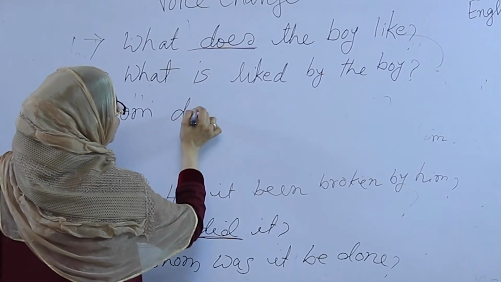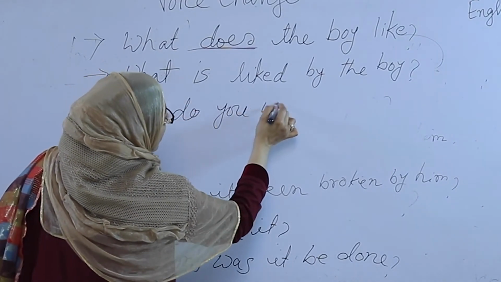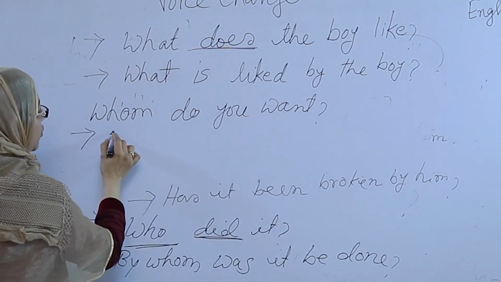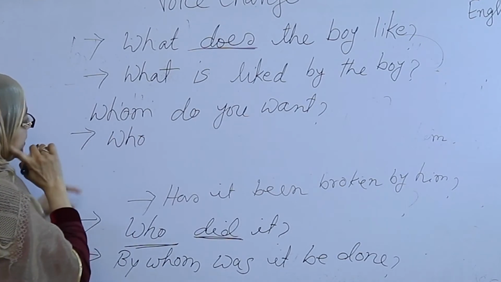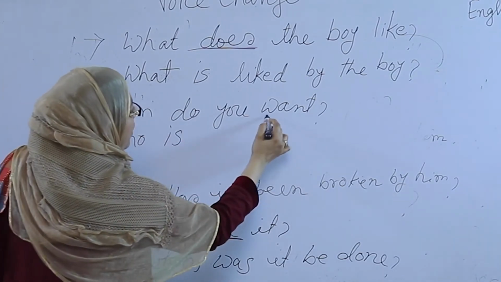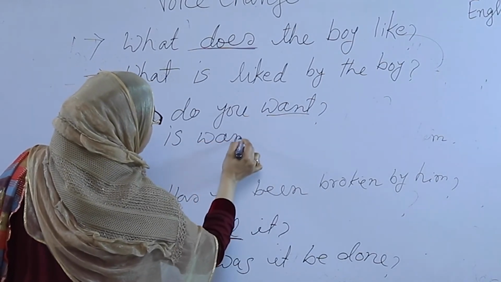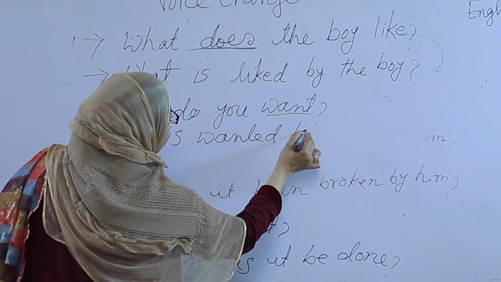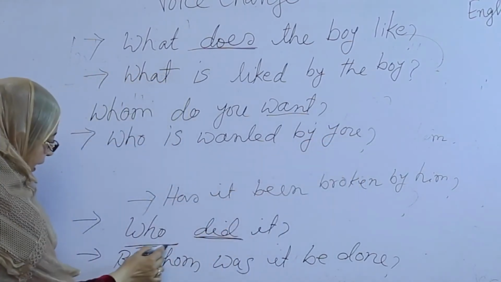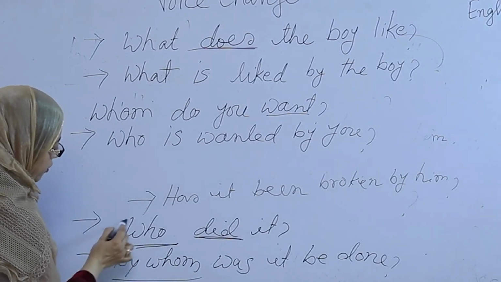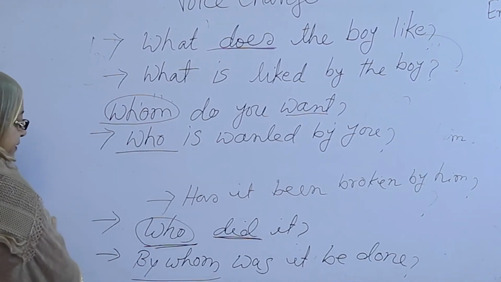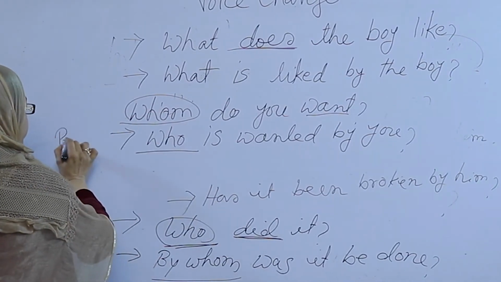Whom do you want? I use who when I turn it into passive. Who is wanted by you, the past participle form of want. So, look at the board. I use by whom instead of who, and who instead of whom, when I turn it into passive.